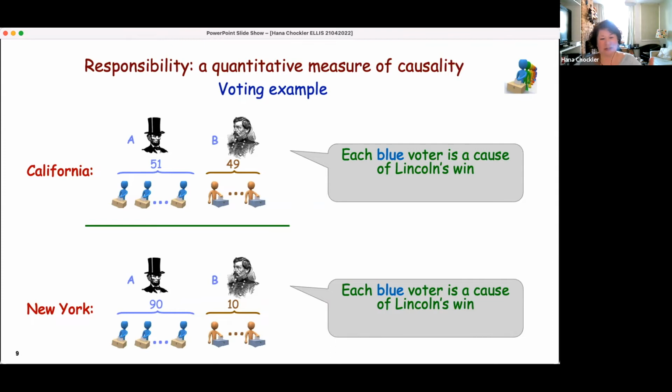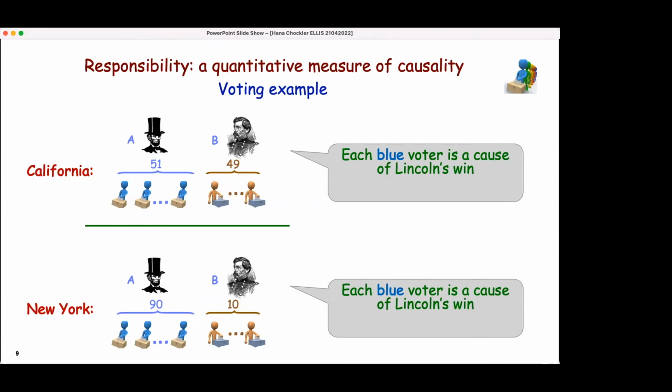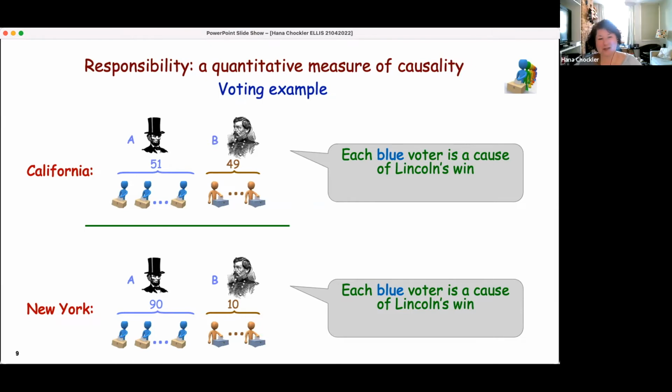So this is the story of elections in 1864, in the United States, of Lincoln versus McClellan. Hopefully it's far enough in the past so that nobody has any feelings about these elections. It's a historical fact that Lincoln won in both California and in New York.